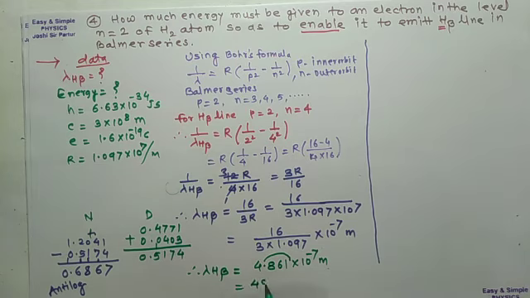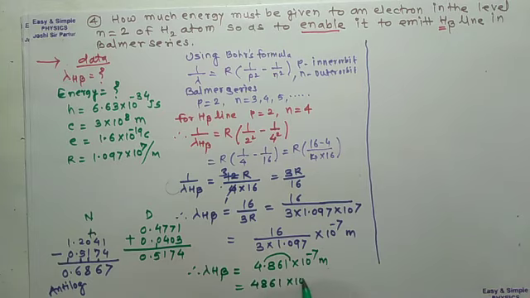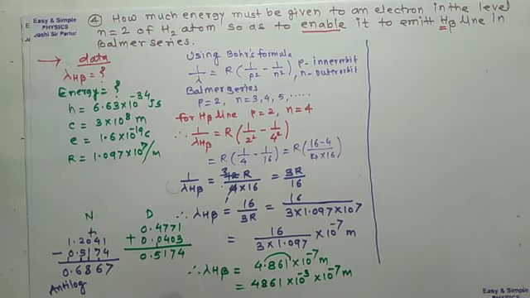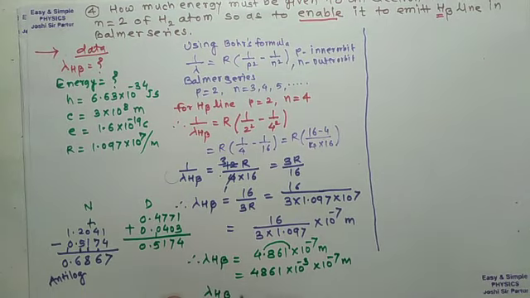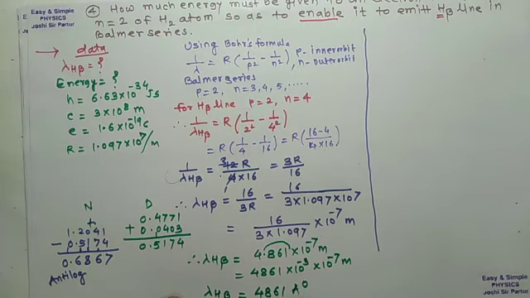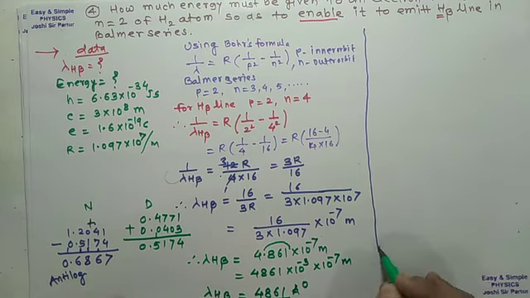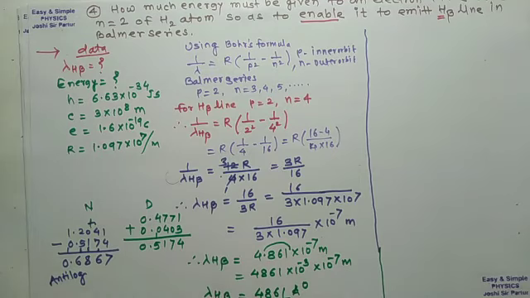It is 4861 into 10 raised to minus 3 into 10 raised to minus 7 meter, and therefore lambda H beta is equal to 4861 angstrom unit, that is 10 raised to minus 10 meter, will be the wavelength.